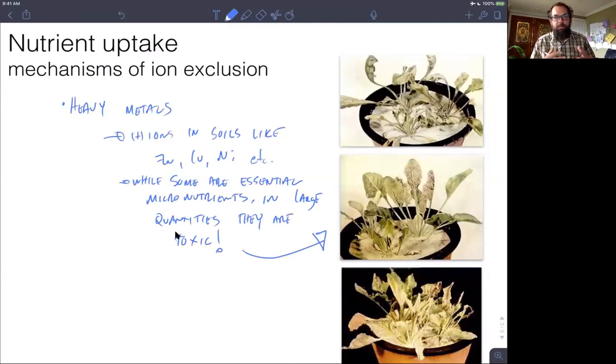Now, I know we've talked about this already with respect to the Casparian strip, and I'll remind you of that here. Plants have active mechanisms, meaning they cost energy, and passive mechanisms for exclusion.